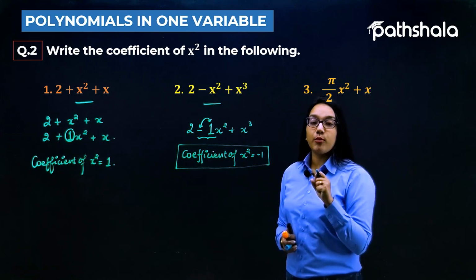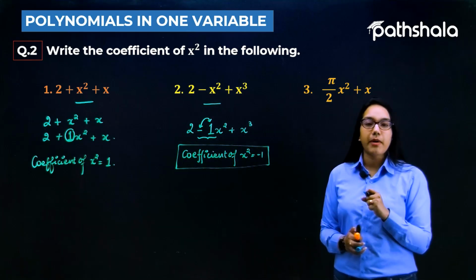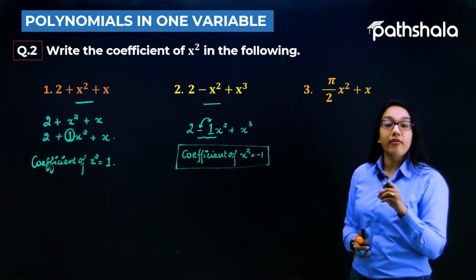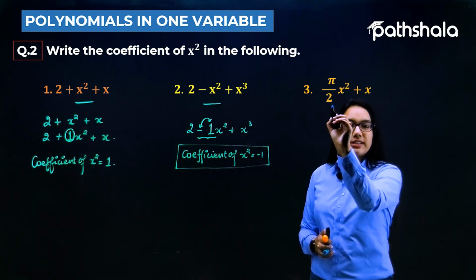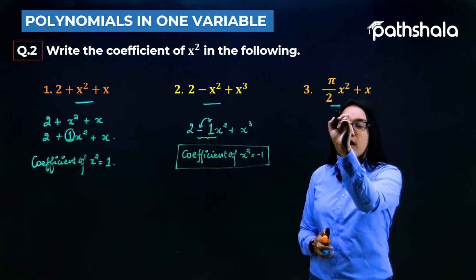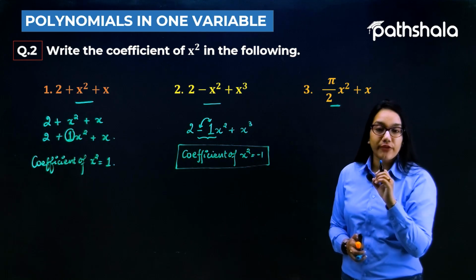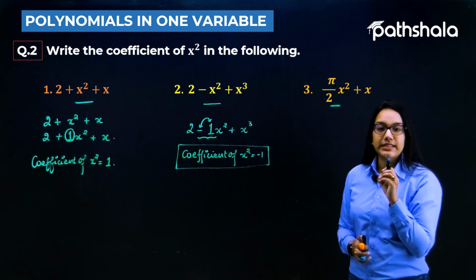Now let us move toward the third part. In the third part, first of all, we have to look for the variable x having the power 2. This is the expression that has x square, and again we have to look out for the coefficient of x square. It means the constant that is lying with it.